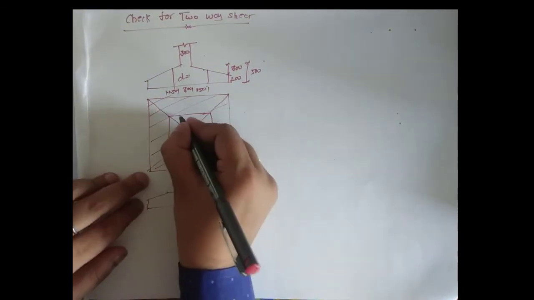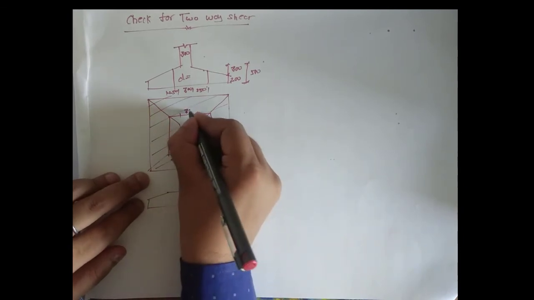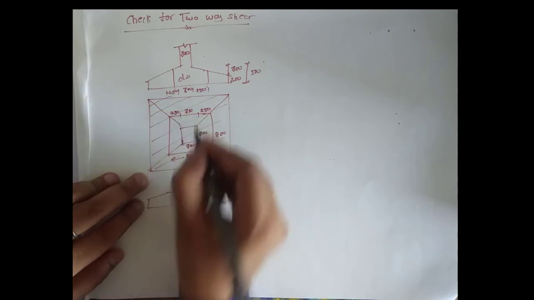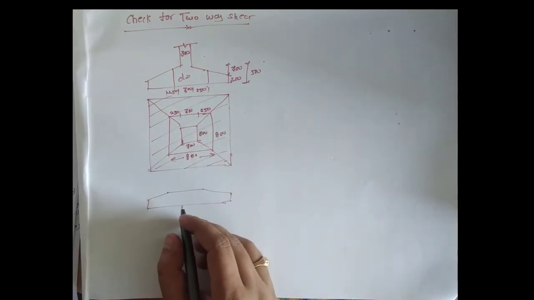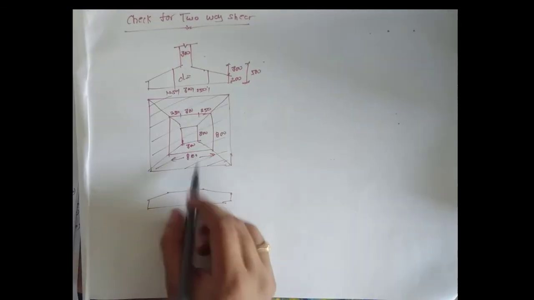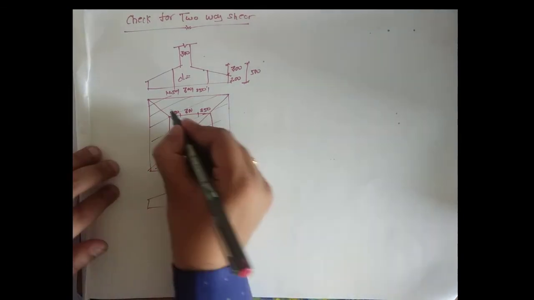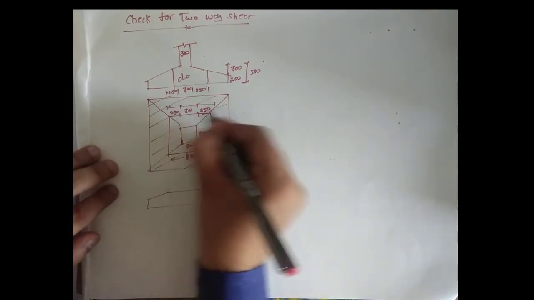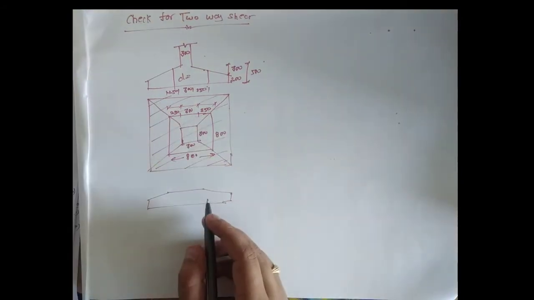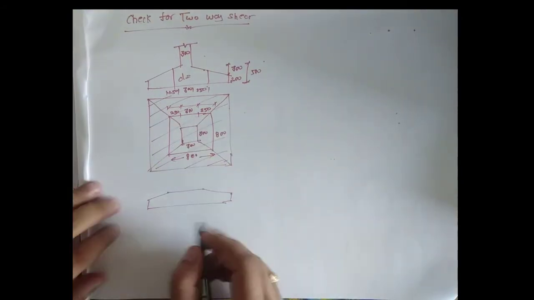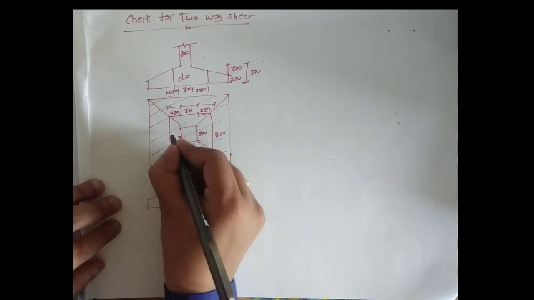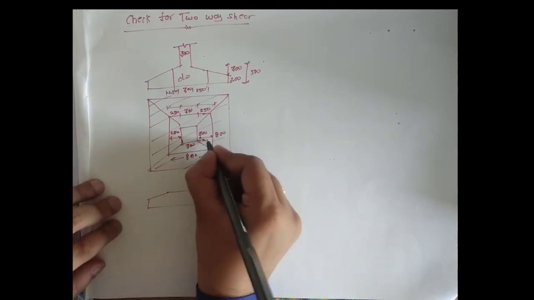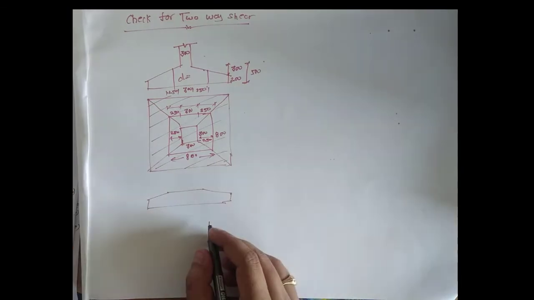It is 250, it is 250. As depth we are taking 500, so it will be distributed to this. So 800 by 800, and this distance will be 250, this will be 250. Clear now?